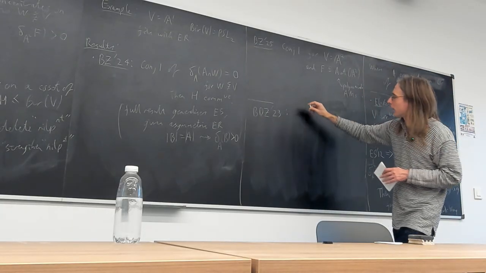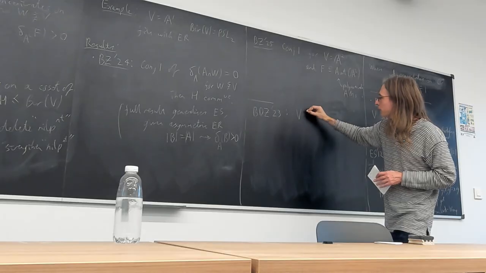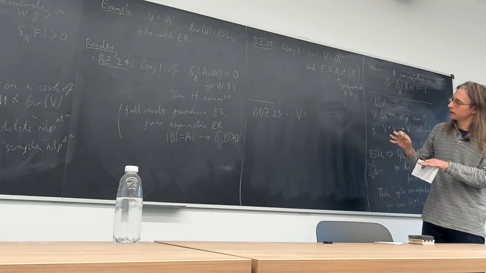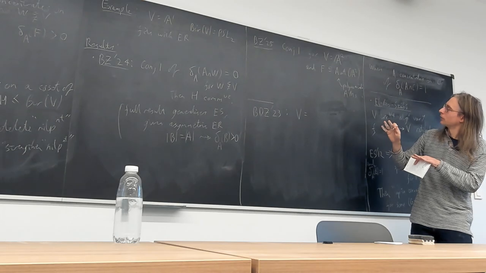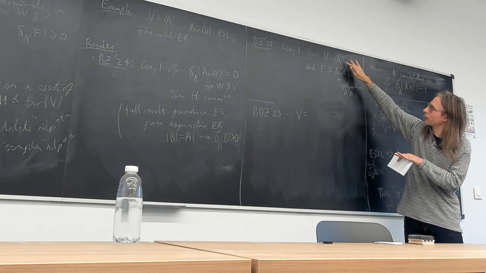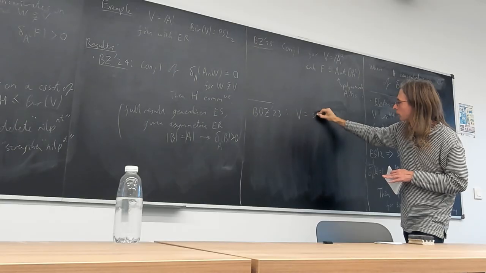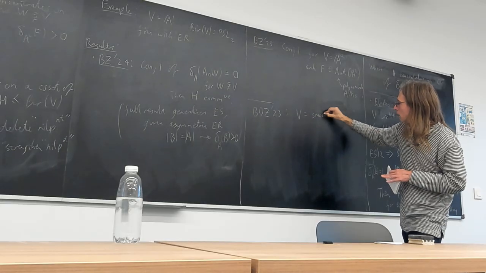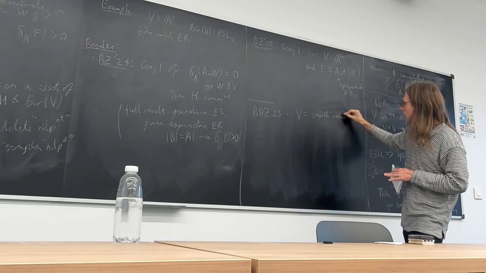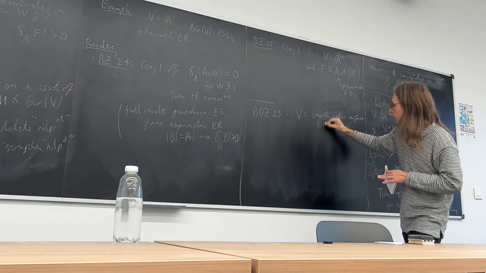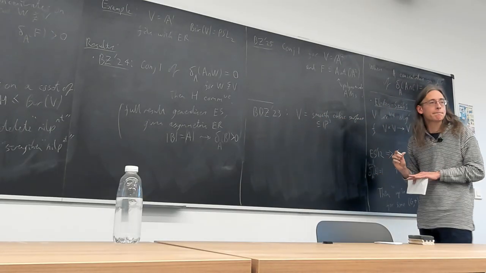So this was, okay, a pretty special case. We take V to be a rational surface, so we could think of it like this, but actually I want to think of it as a smooth cubic surface in P3.